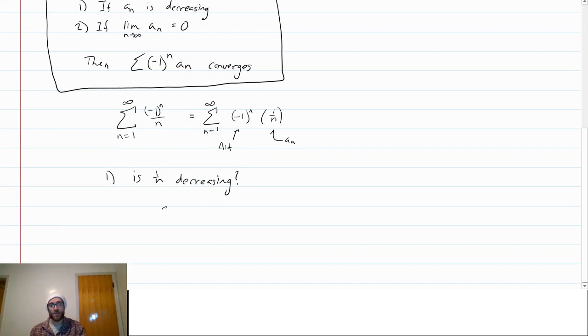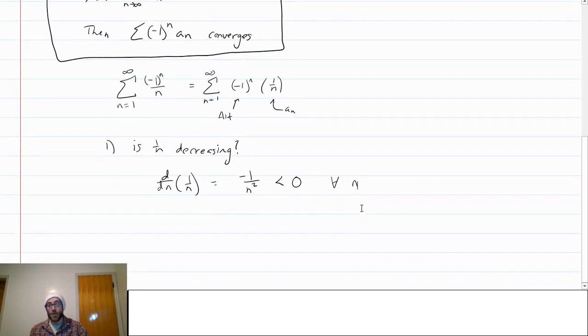We take its derivative. So d/dn of 1 over n, it's just the power rule, right? So it's -1 over n squared, which is less than 0 for every n. So it's decreasing. We're good because its derivative is negative.